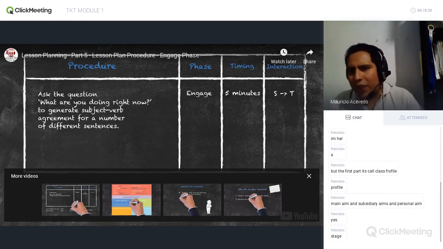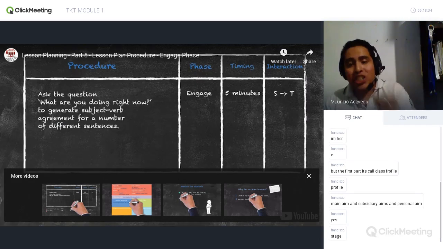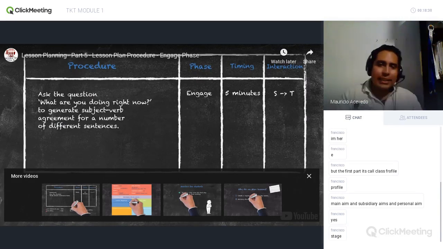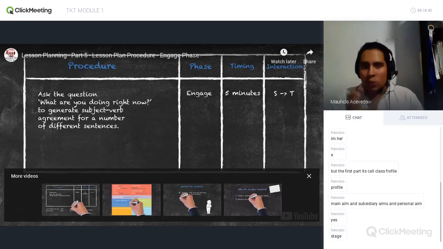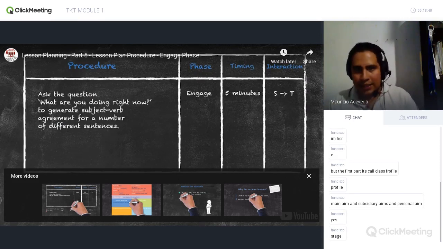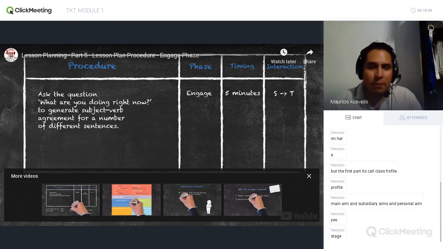What can this phase be? Exactly, the stage. But more than a stage, it is a stage aim, right? So in this case, it's just to engage. Obviously, in TKT, they are going to ask you for the stage aim, which is a little bit more complete. Okay, to engage students, to participate, etc. Timing, is it the same in TKT?